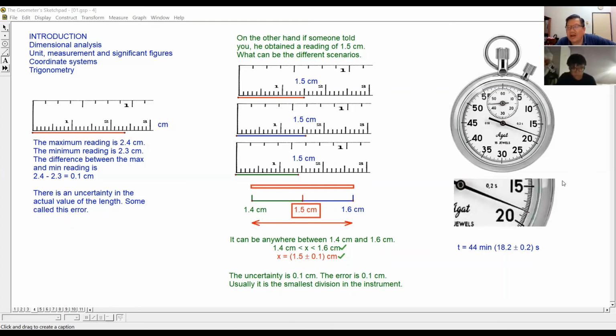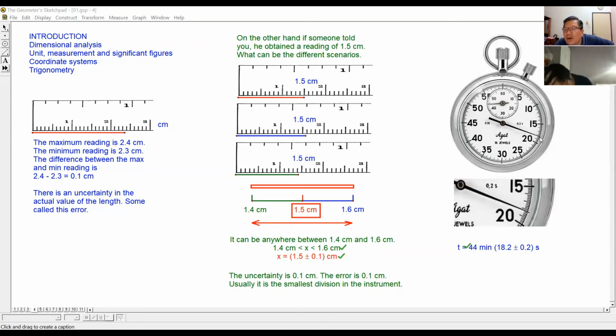Okay. So now what is the reading here? From the small clock over here, it is 40, 41, 42, 43, 44. So it is 44 minutes.